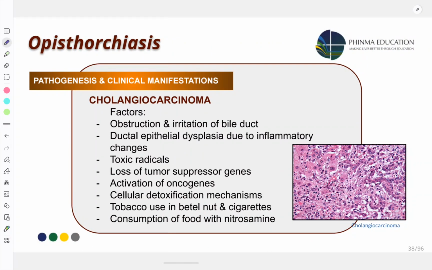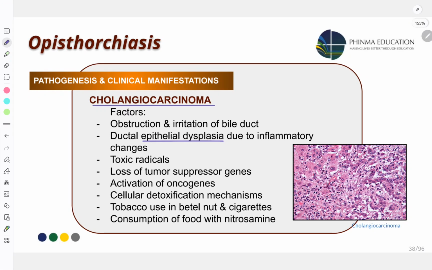It is also the same with Clonorchis in that it is associated with cancer of the bile duct. There are many factors: obstruction and irritation, epithelial dysplasia, and eventually villi grow because of the constant hyperplasia, and toxic radicals, which are things released by the organism that would kill your cells. It also suppresses the tumor suppressor: you lose your tumor suppressor genes after a while.